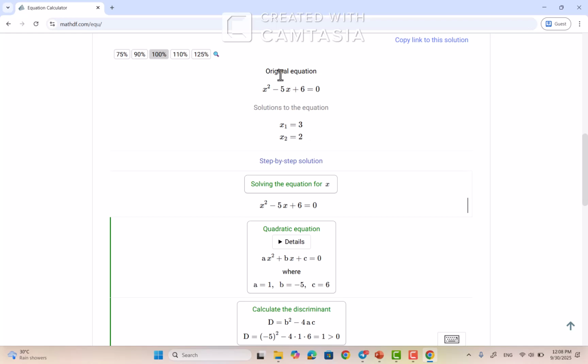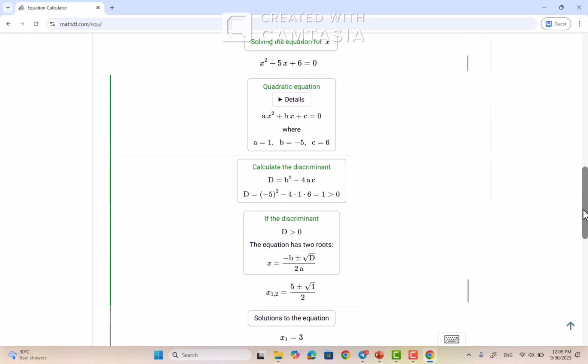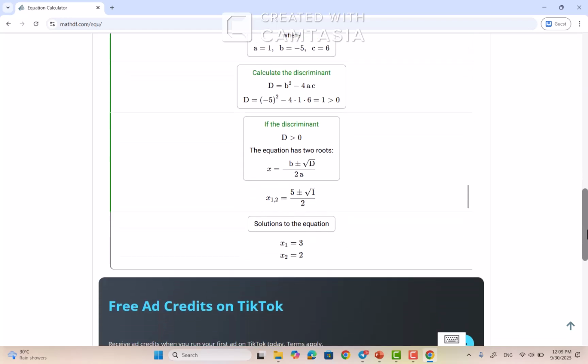Okay, this is the original equation, x squared minus 5x plus 6 equal to 0. So x1 equals 3, x2 equals 2. Let's see the detailed solution. Here the delta, and we can see the complete solution.